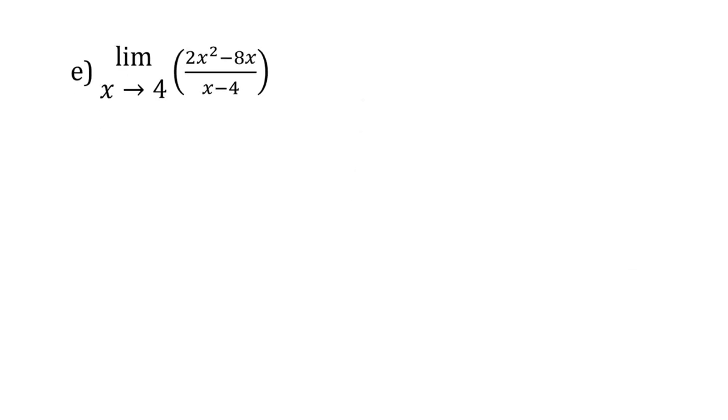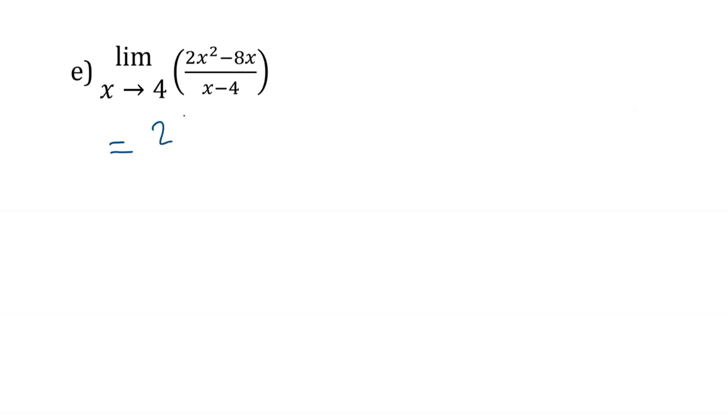So now let's try this one. Now, if you look ahead, you might be suspicious about what's happening here. But I'm going to pretend that I'm not suspicious, and I'm going to go ahead and do a direct substitution.